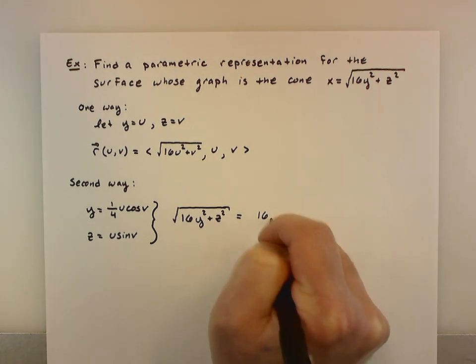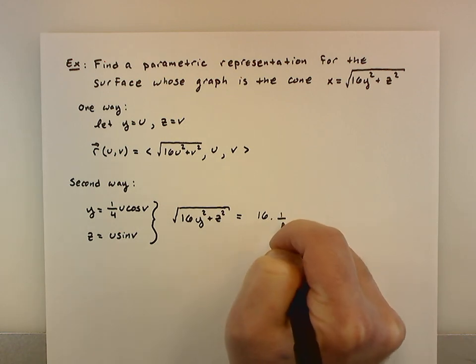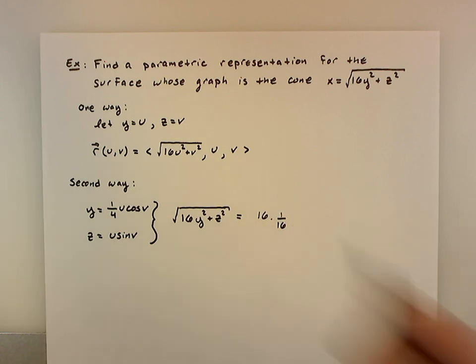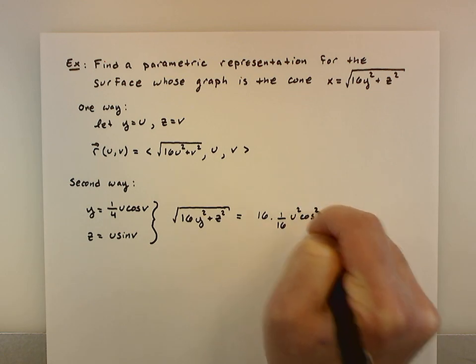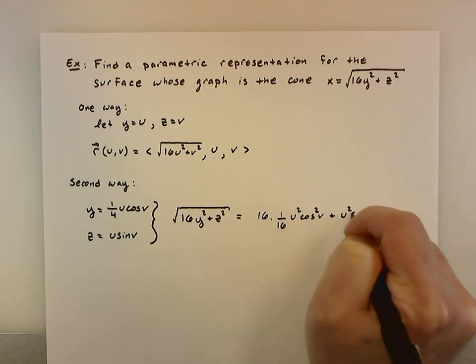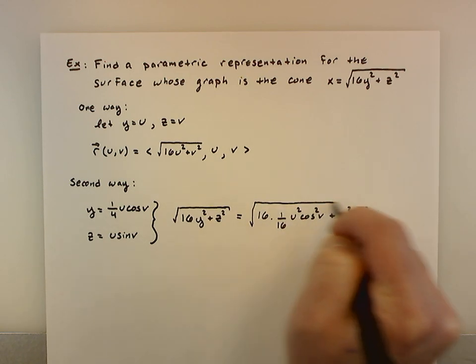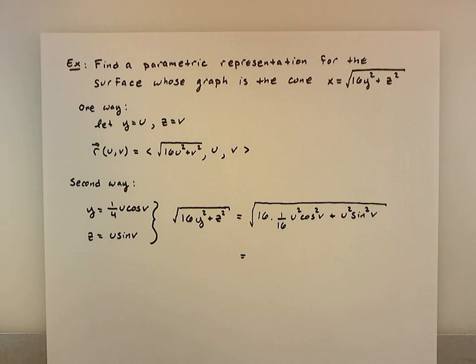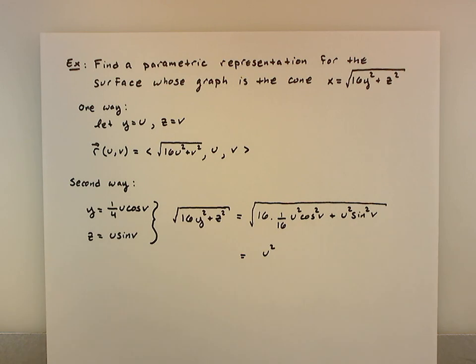So 16 stays, y squared is 1 over 16 u squared cosine squared v plus z squared is u squared sine squared v, and all of this is inside a square root. The 16 multiplied by 1/16 will cancel, so I'm left with u squared.